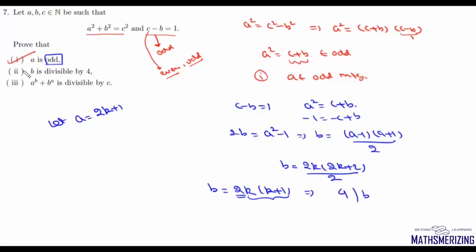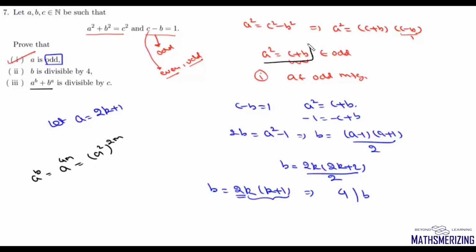Now we'll come to its third part, and that is we'll need to prove that a to the power b plus b to the power a is divisible by c. So let us take a to the power b. Now we have already shown that this b is a multiple of 4. Then we can write this b as some 4m, and we can write it as a square to the power 2m.